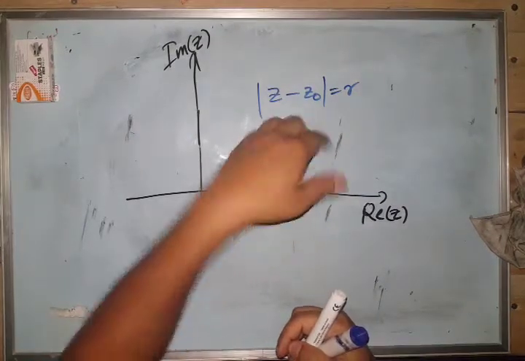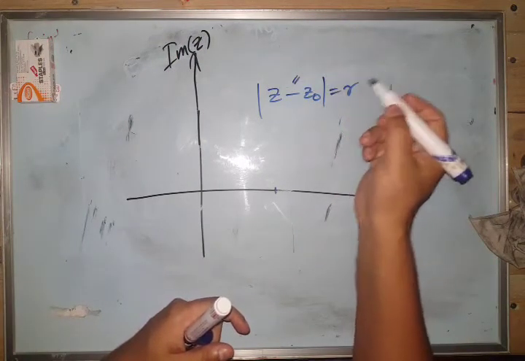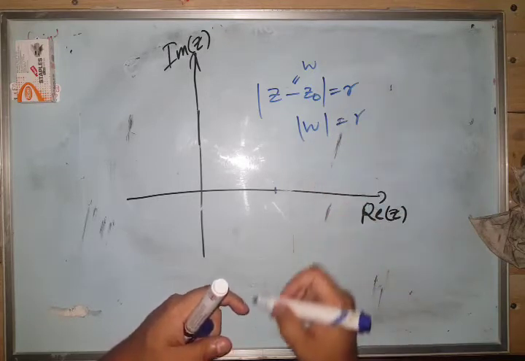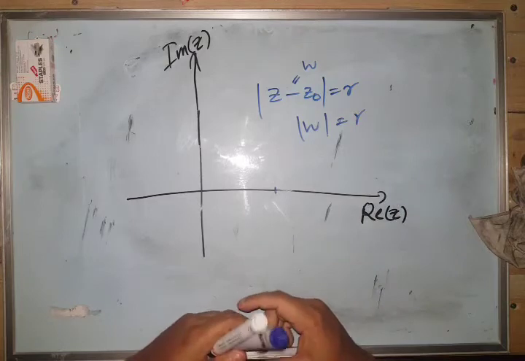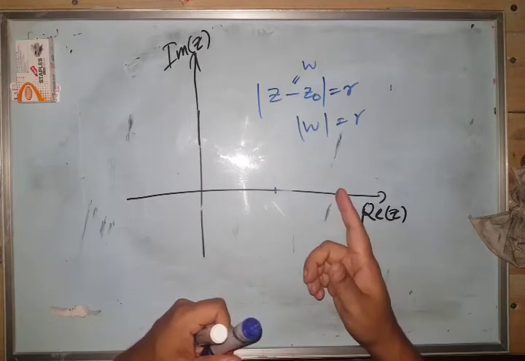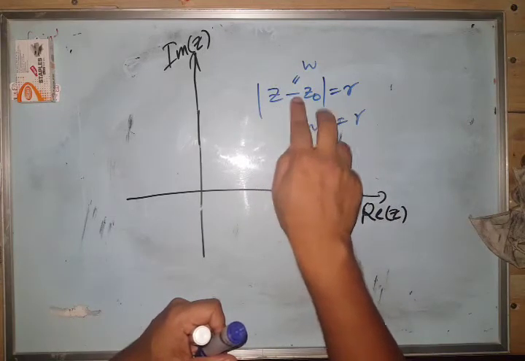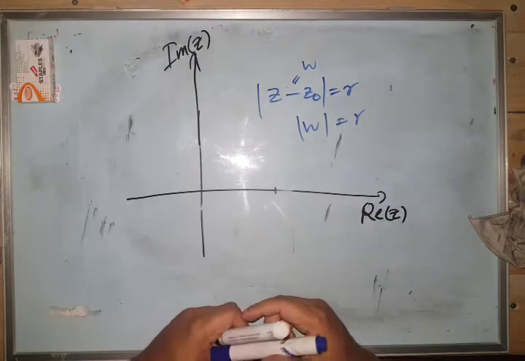The difference will also give you a complex number, let's say w. So the modulus of w is equal to r. You are supposed to sketch the locus of z such that this modulus is equal to a constant.